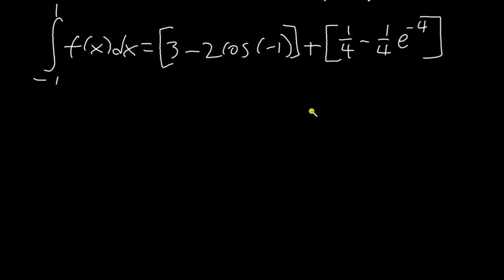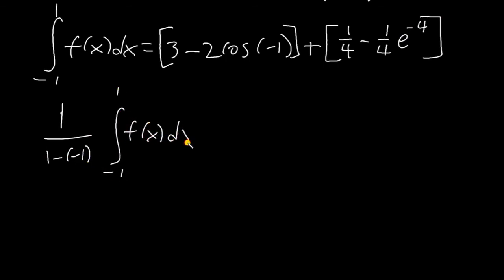Well, okay, so we have this, and now all we need to do is find out the average value, right? And we said the average value was 1 over 1 minus -1, integral from -1 to 1 of f of x dx, right? This is just 1/2. So 1/2 times, what is this? Well, all of this is just equal to this, right?